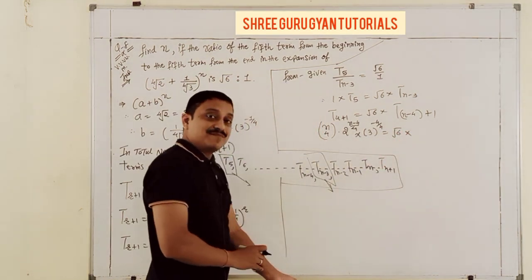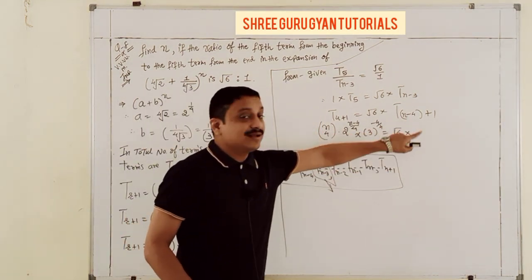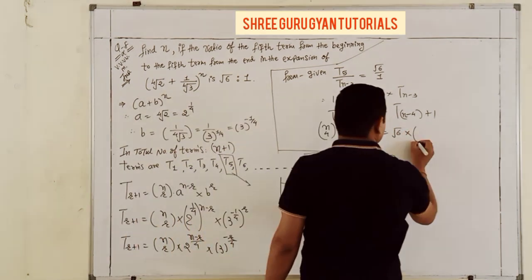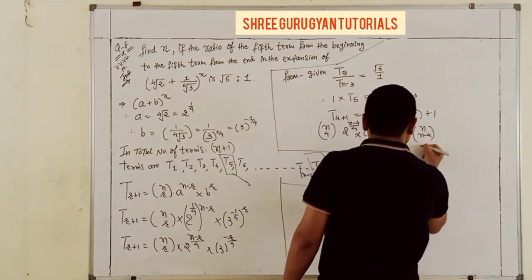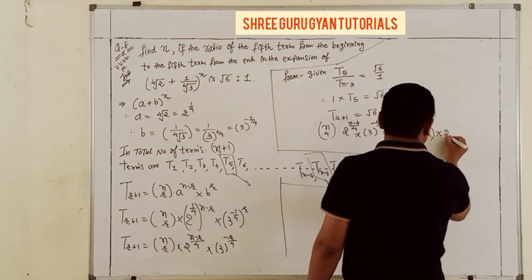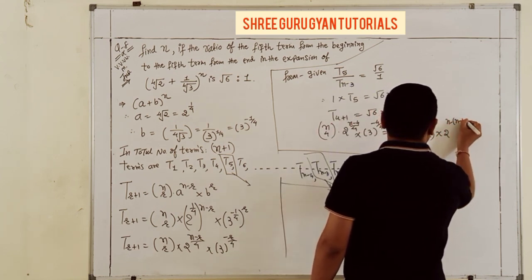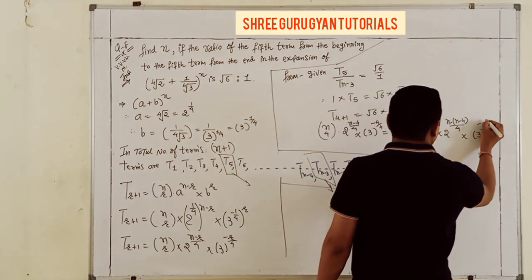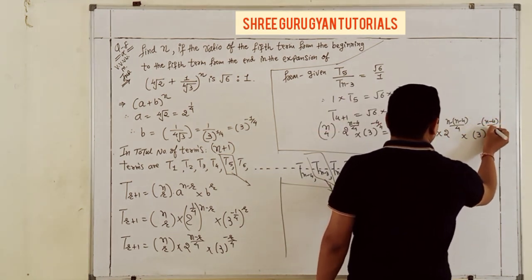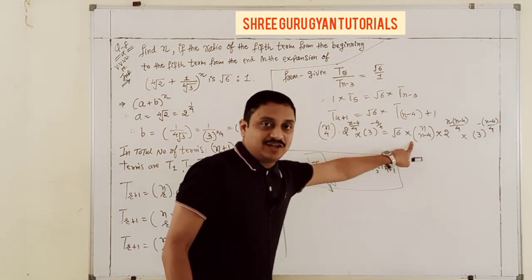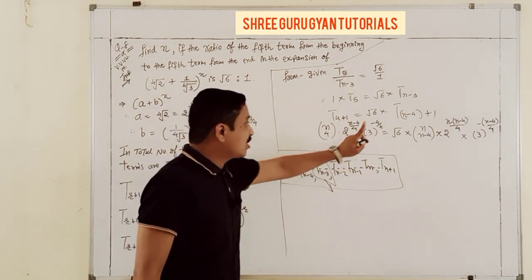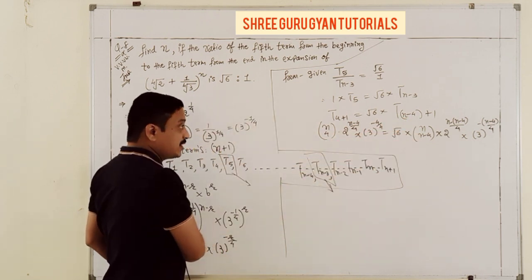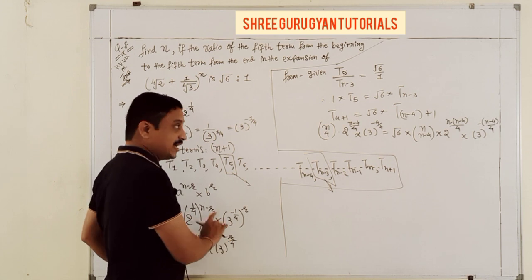Here also the same, but this time r is n minus 4, so nC(n minus 4), 2 raised to 4 by 4, and 3 raised to minus (n minus 4) by 4. Again repeating, r is n minus 4 for comparison, applied in each place.